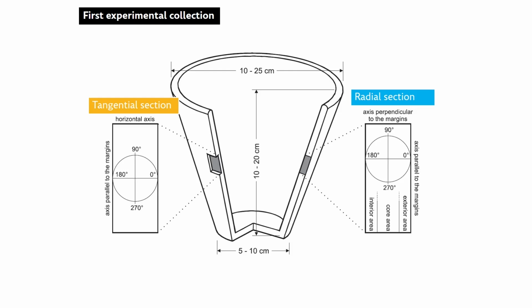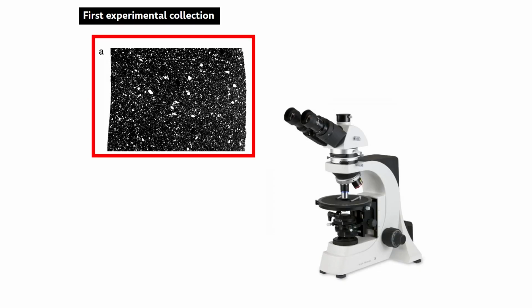For the measurements, we used two basic sections perpendicular to the wall surface in the plane parallel to the vessel height. I will call them radial sections, and sections tangential to the vessel wall cut through a core zone of the wall. I will call them tangential sections.